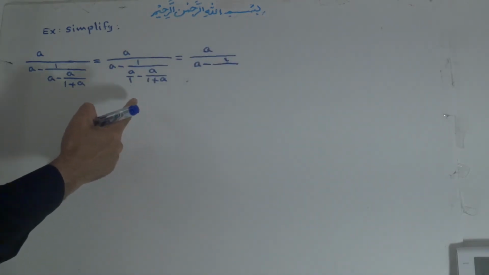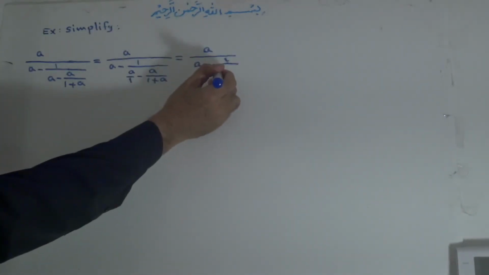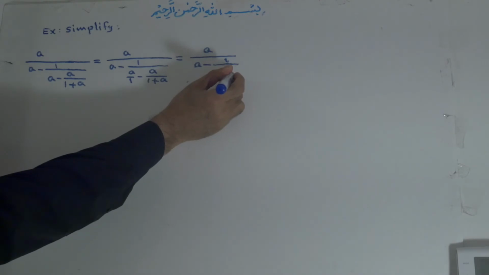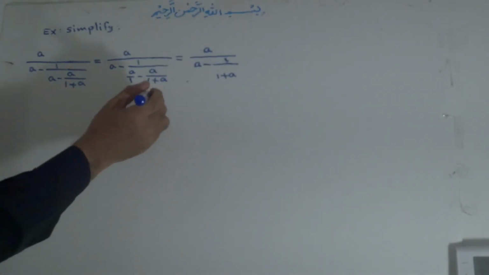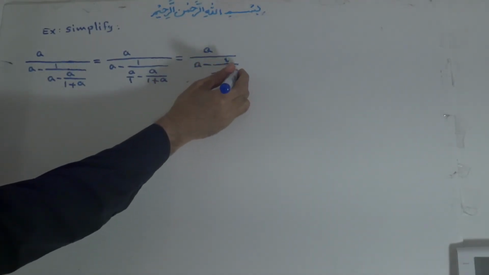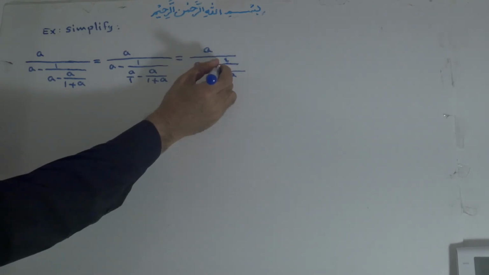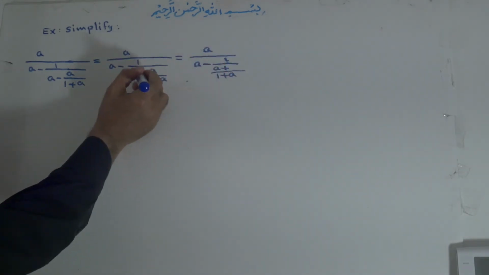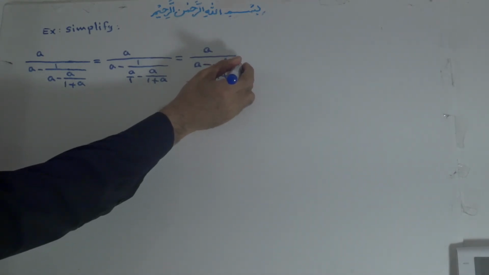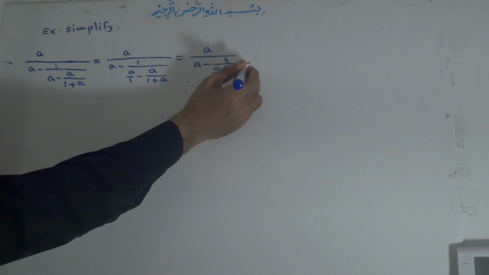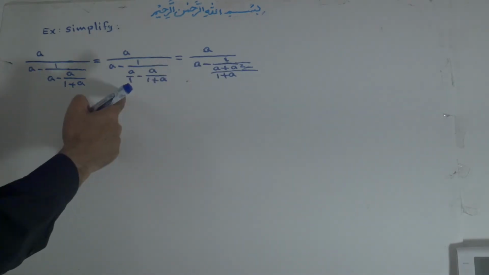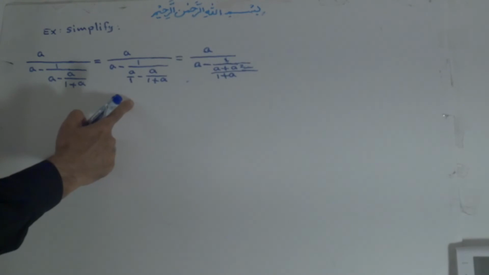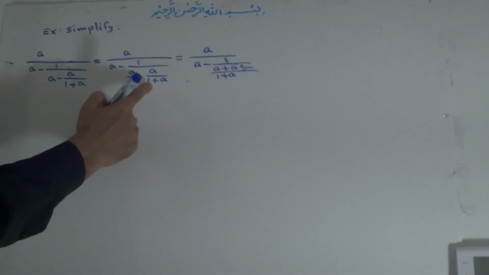The common denominator is 1 plus a times 1, which is equal to 1 plus a. 1 plus a divided by 1 is 1 plus a. 1 plus a times a is equal to a times 1 is a, plus a times a is a to the power of 2, minus this one divided by 1, what is the denominator, 1 times a is a.